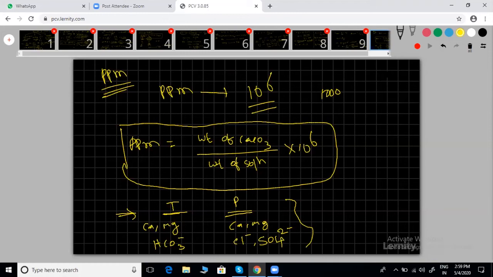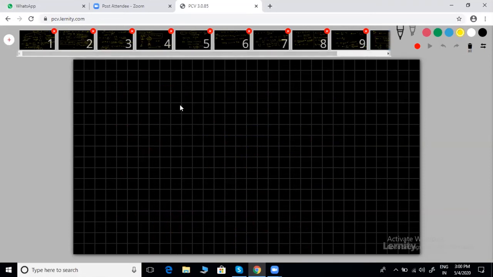Clear? So now we can try to solve some problems. Before that, I need to elaborate a little. I hope you noted down what ppm means. So 1 mole, or 100 grams, of CaCO3 equals 1 mole of CaCl2, because this is a permanent hardness. 1 mole of CaCl2 is 111 grams of CaCl2.